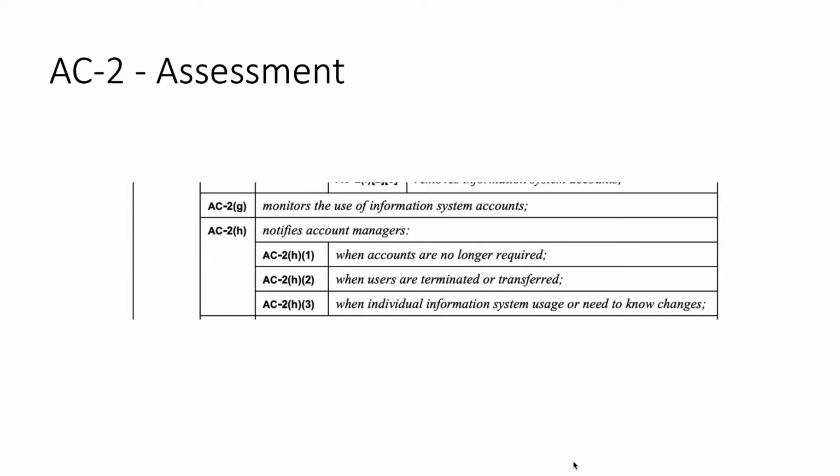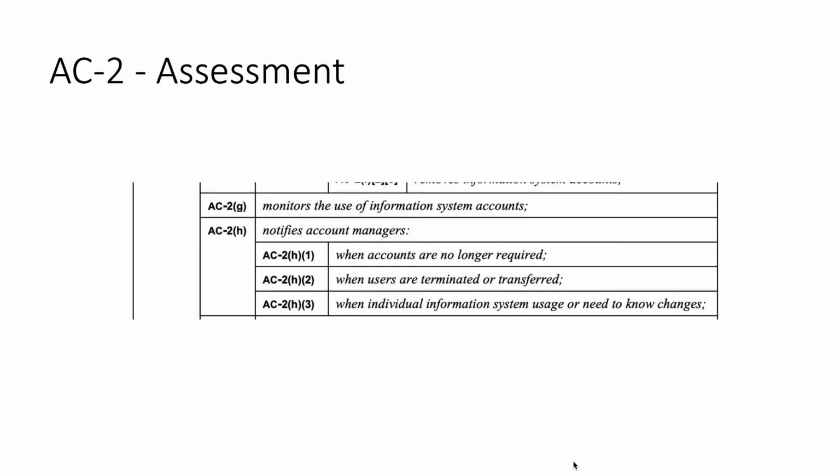We monitor the use of information system accounts, and then we notify those account users when accounts are no longer required, users are transferred or terminated, or when the individual information system usage or need to know changes, right? Prove to me when a user moved from organization A to organization B within the bigger organization, group A to group B. Show me where you were notified.